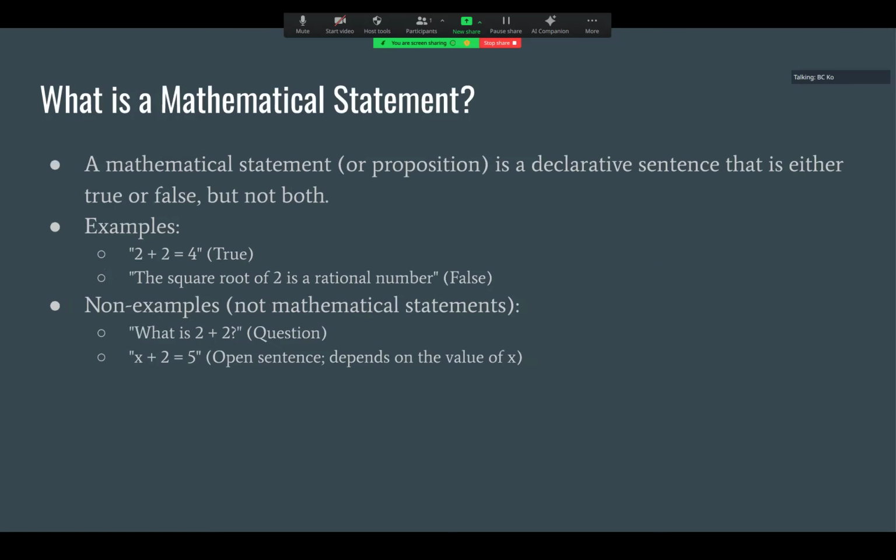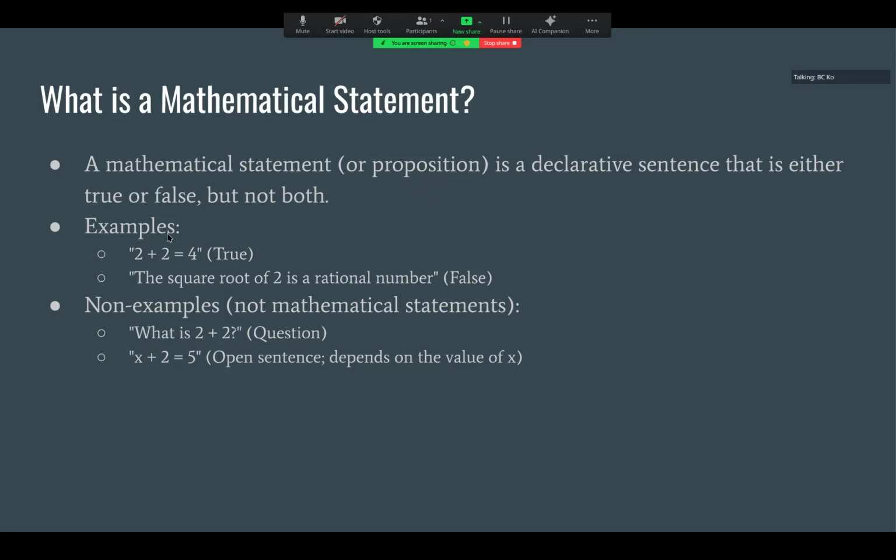What is a mathematical statement? A mathematical statement, also known as a proposition, is a declarative sentence that is either true or false, but not both. This means it must have a clear truth value.